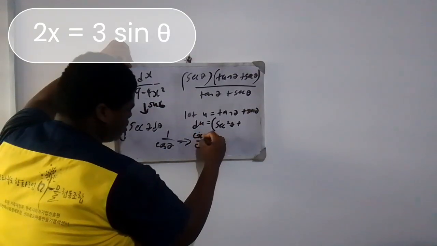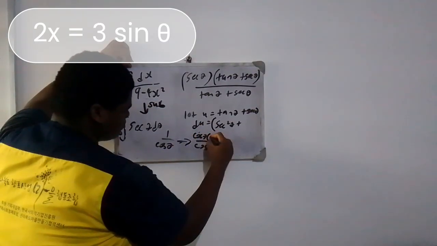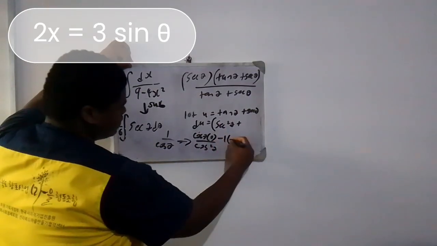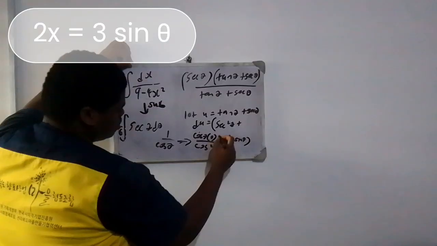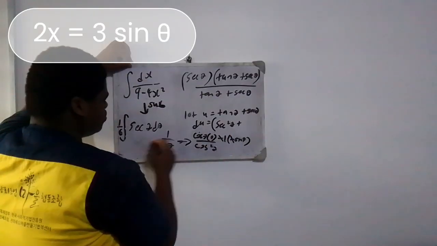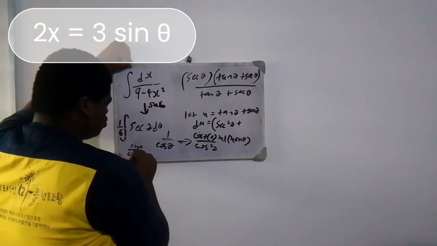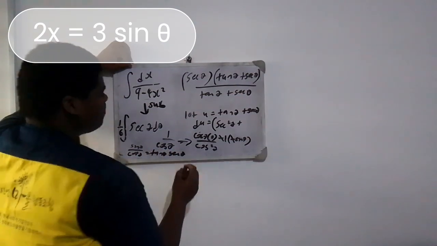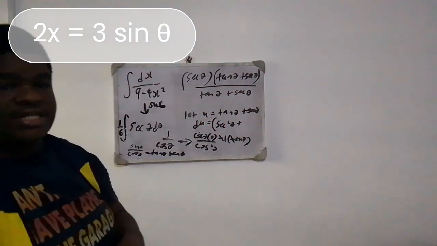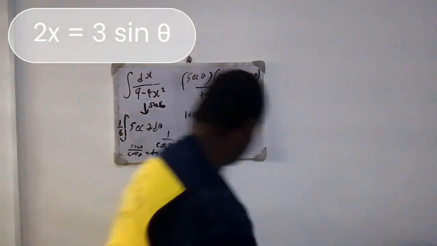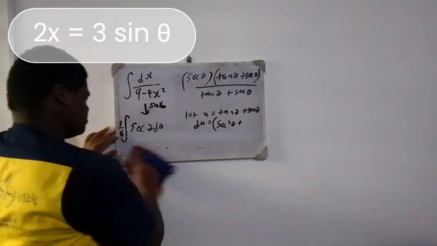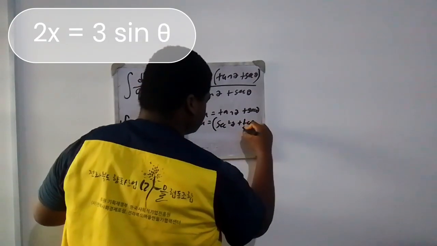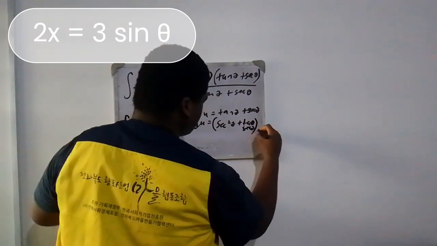Keep cos theta constant, differentiate 1, you have 0. Minus, keep 1 constant, differentiate cos theta, you have negative sine theta. So negative and negative turns to positive. So we have sine theta over cos squared theta, which is equal to tan theta sec theta. So the derivative of sec theta is equal to tan theta sec theta. So we don't really need any of this. So we have sec squared theta plus tan theta sec theta, all multiplied by d theta.